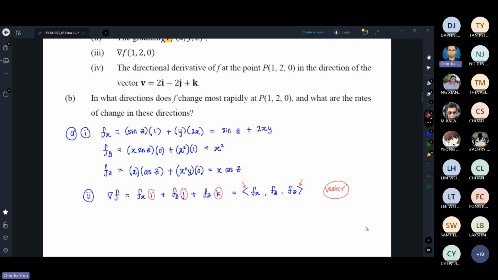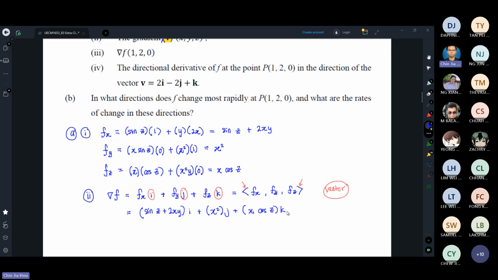What you need to do is you just substitute the first order partial derivatives that you got earlier into the formula here. So for the fx, we have sine z plus 2xy i plus fy is x squared j plus the fz is x cos z k.